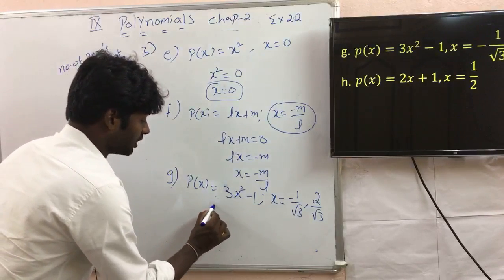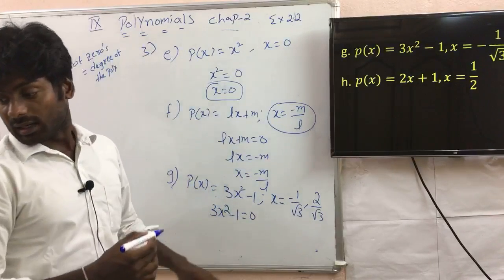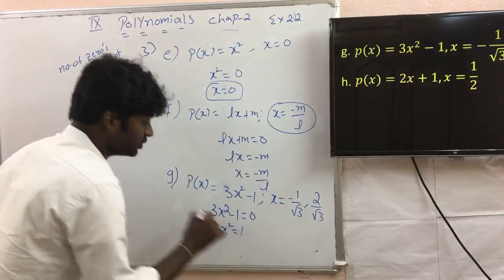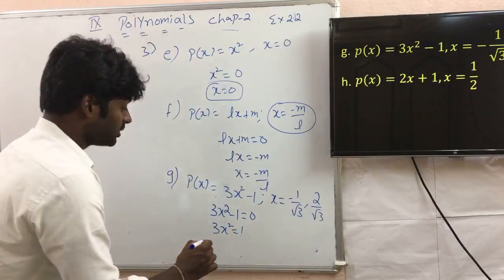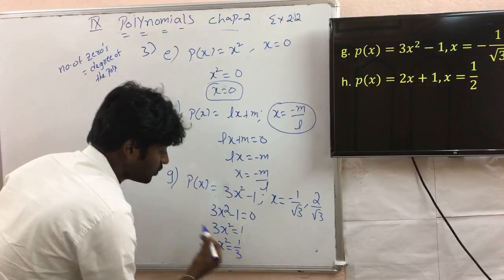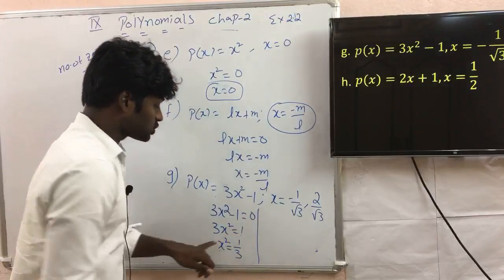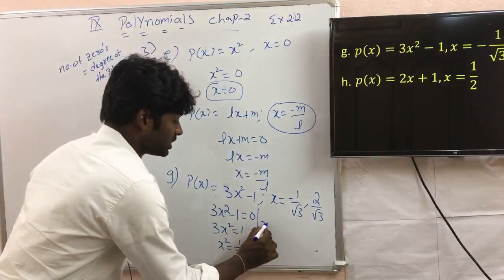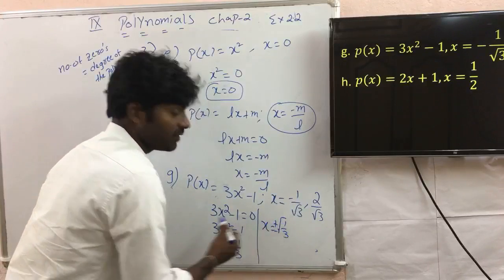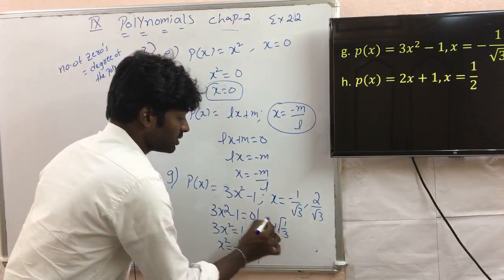See, first of all, equate the given polynomial to 0. On transposing minus 1 to right side, you will get 3x square equals to 1. Transpose 3 to right side, you will get x square equals to 1 by 3. So transpose square to right side, it becomes root: x equals to plus or minus square root of 1 by 3.